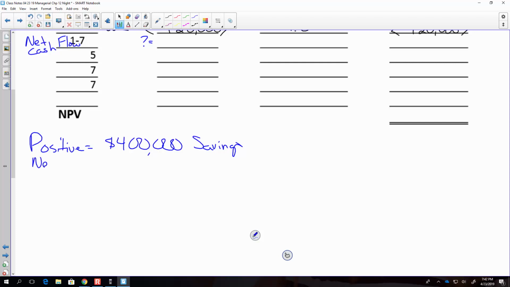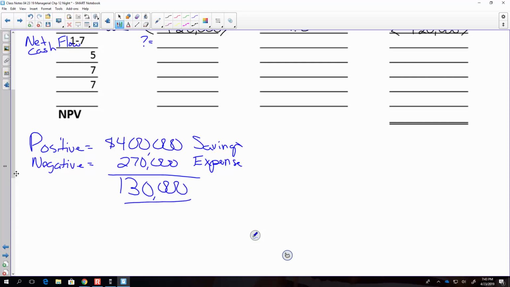The negative is how much? 270. To get the savings, I'm going to spend 270. The net is what? The net cash flow is 130.